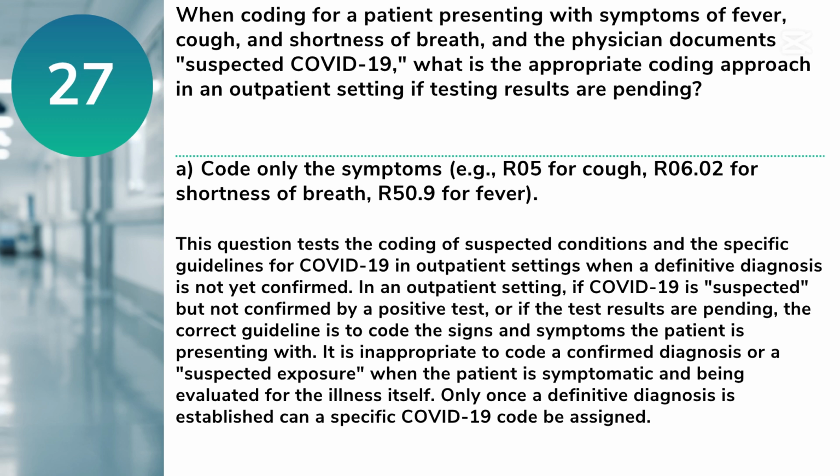In an outpatient setting, if COVID-19 is suspected but not confirmed by a positive test, or if the test results are pending, the correct guideline is to code the signs and symptoms the patient is presenting with. It is inappropriate to code a confirmed diagnosis or suspected exposure when the patient is symptomatic and being evaluated for the illness itself. Only once a definitive diagnosis is established can a specific COVID-19 code be assigned.